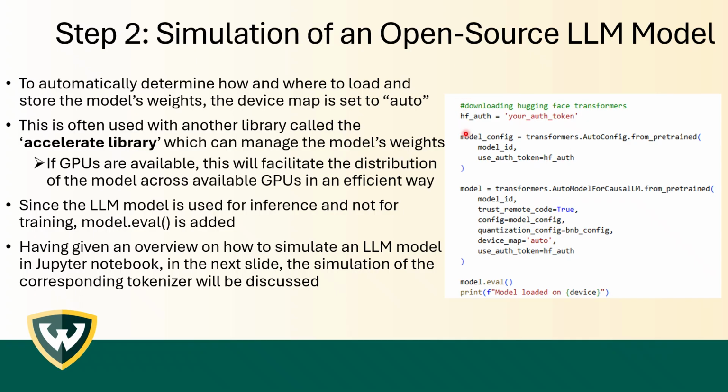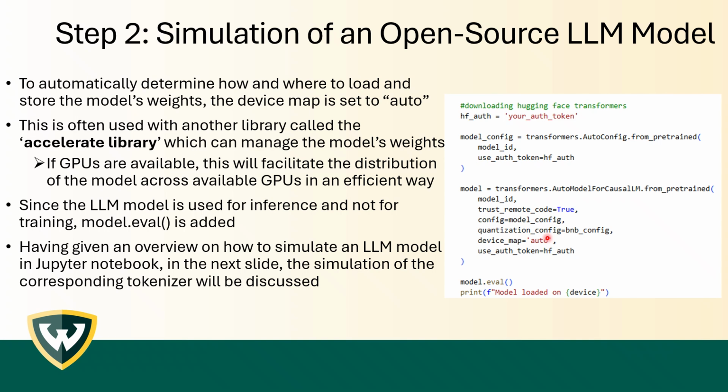In order to automatically determine how and where to load and store the model's weights, the device map in this case is set to be equal to auto. This is often used with another library called the accelerate library, which can take care of managing the model's weights. If GPUs are available, this will help in distributing the model in an efficient way across available GPUs.